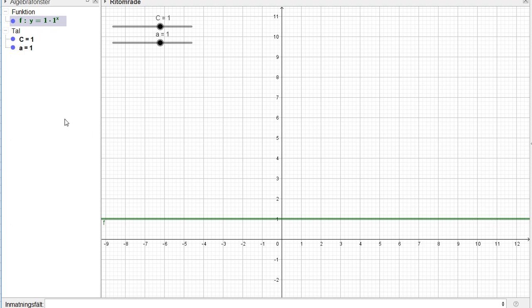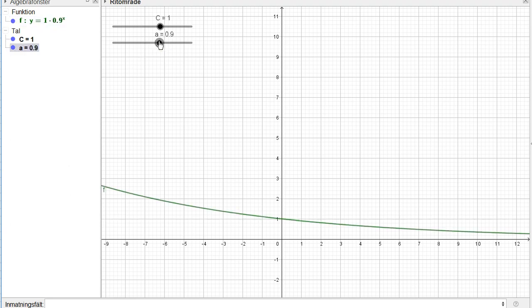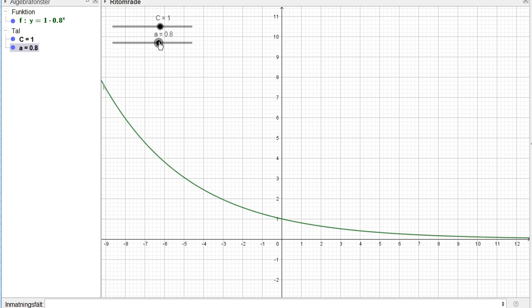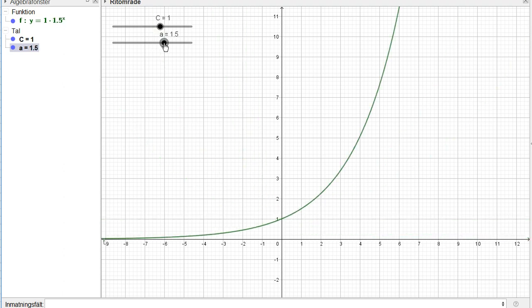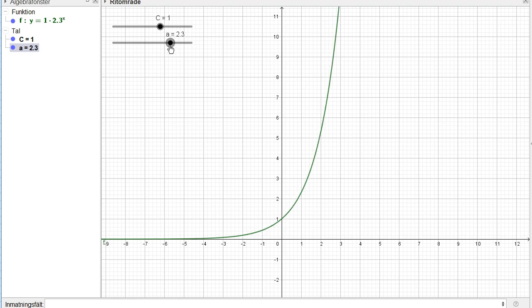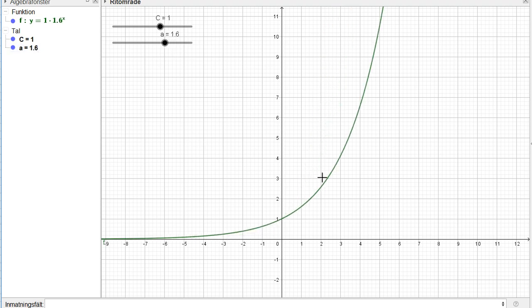So when a is greater than 1, then it is increasing. It is growth. So if you have money in the bank, it depends upon the interest rate, then it is increasing.